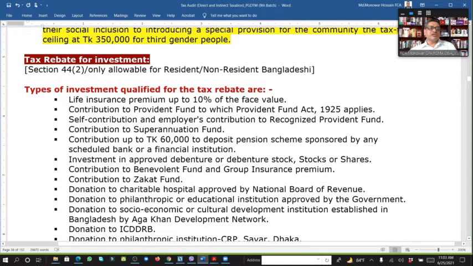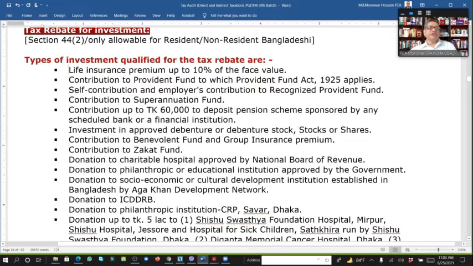For example, for your life insurance premium, we can take only 10% of the face value for the premium amount we pay to the insurance company each year for the tax rebate calculation. Also provident fund contributions and fixed deposit FDR up to 60,000. If you have money, you can deposit more than 60,000, but we calculate only 60,000.